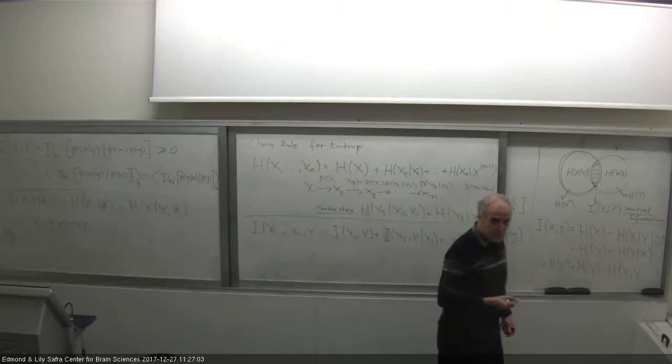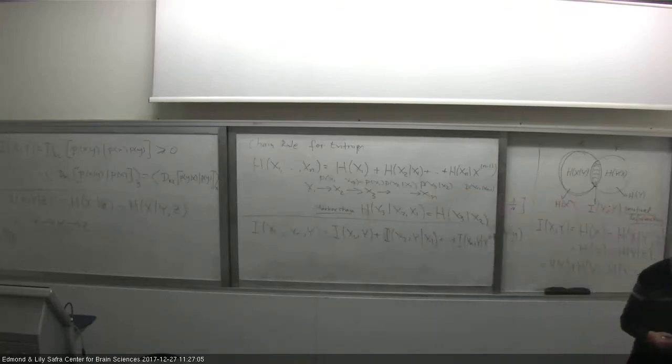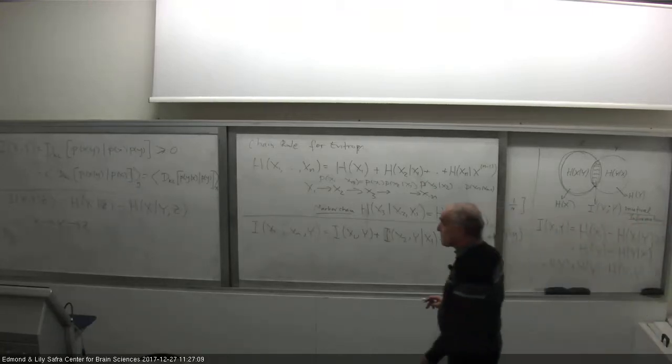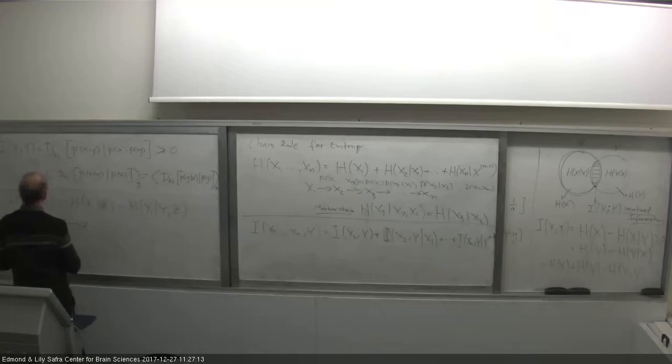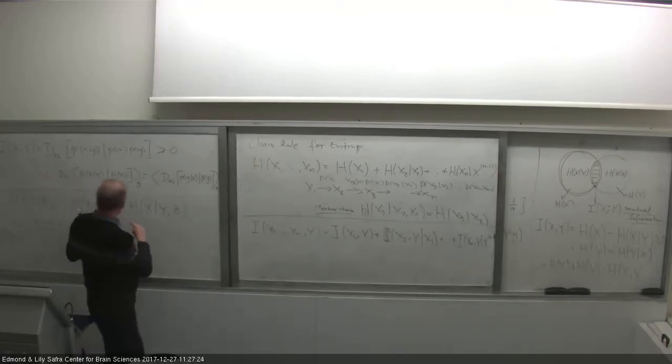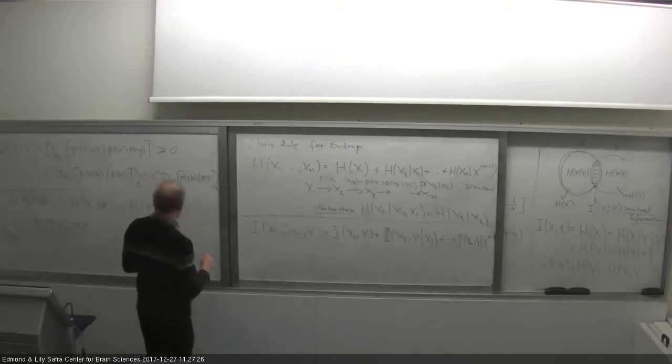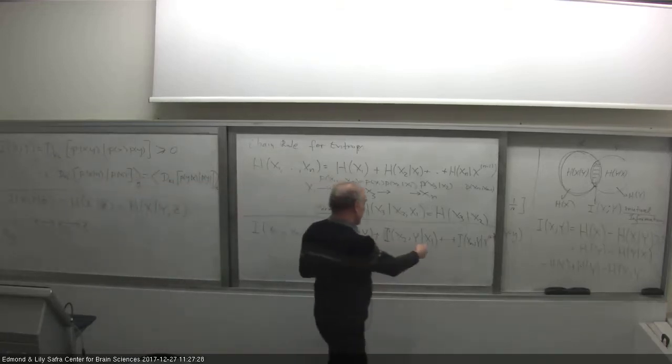And this is true. You can easily prove it from the chain rule that we already wrote about the mutual information. Actually, I want to write it like this. So what I wrote here is true, but it's not general. I want to get to this inequality.